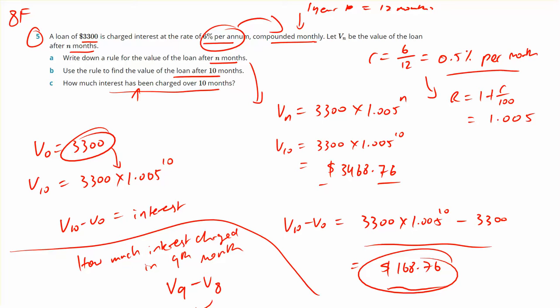Sometimes I ask you questions like that. It hasn't got that complicated yet, but it's just asked how much interest is charged over 10 months. So you just subtract V0 from V10, and whatever's left over must be the interest charged. Hopefully it helps.